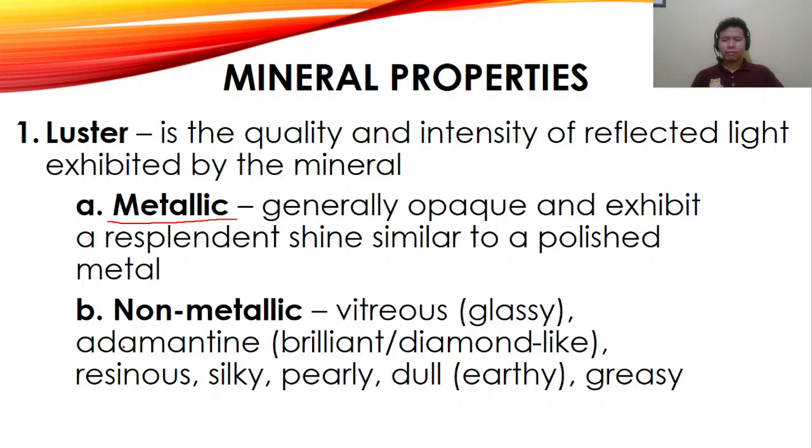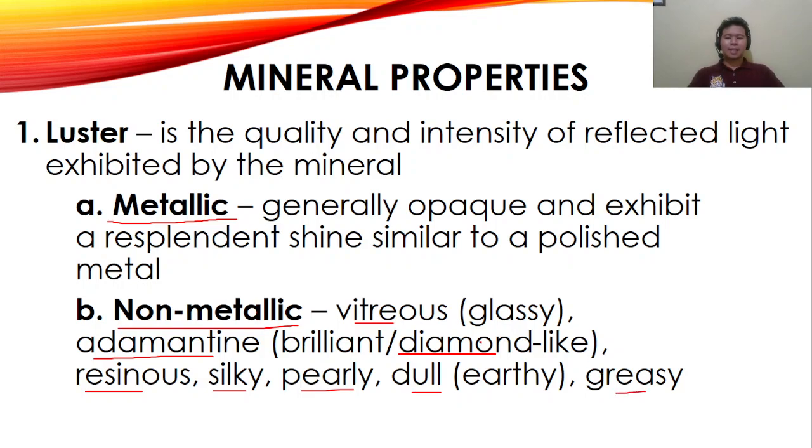Next, we have the non-metallic luster of minerals. They are usually vitreous or glassy, and they are usually adamantine, such as the diamond. They can also be resinous, silky, pearly, dull, or greasy.